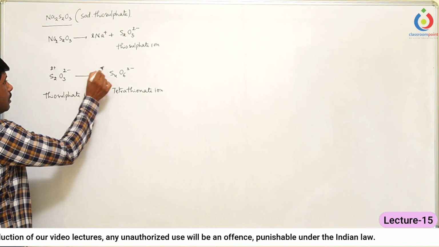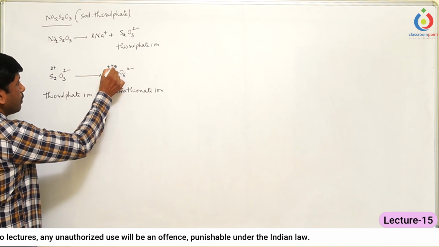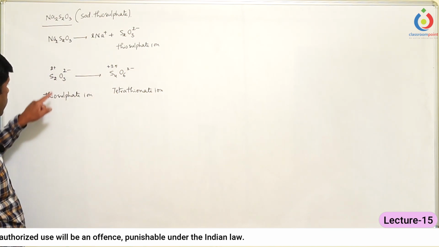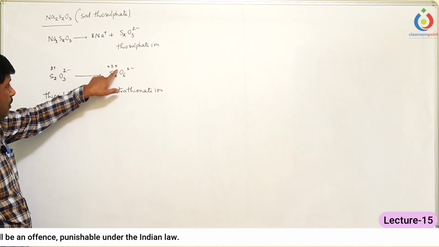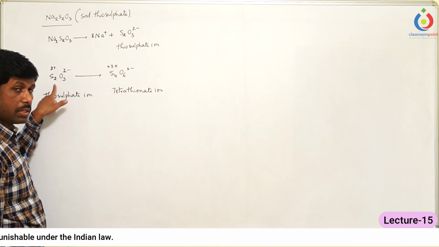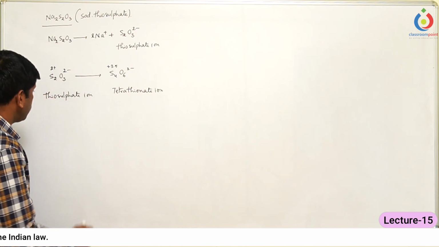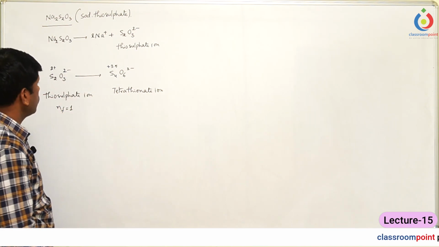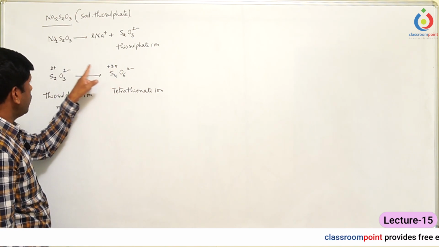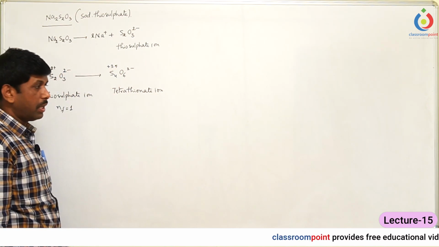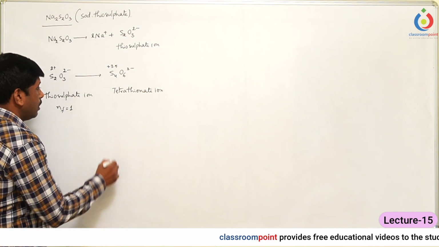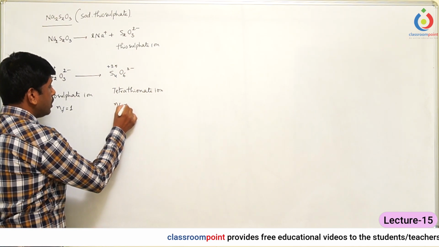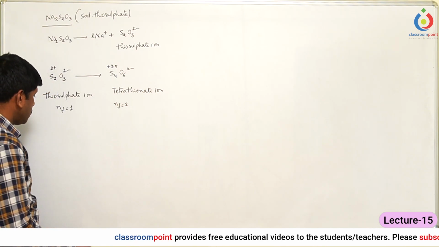This is +2, this is +2.5. Difference for every sulfur is 0.5. Like that 2 sulfurs are there. So 2 into 0.5 equals 1, n factor is equal to 1. So here difference value is again 0.5. Like that 4 are there. So n factor value is equal to 2. Let's take an example.